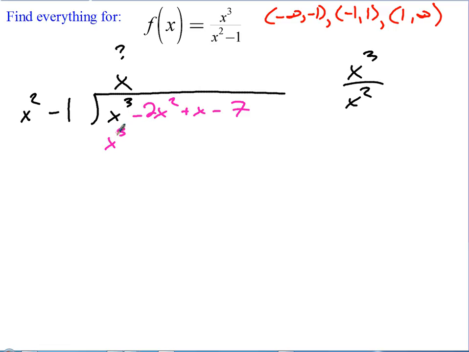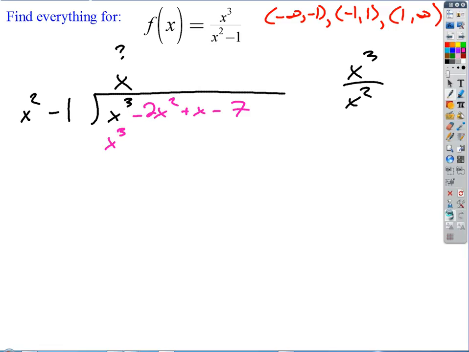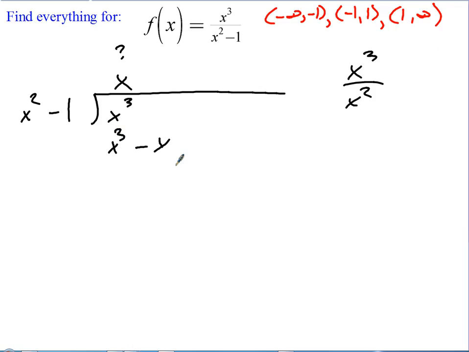So you have to always make sure you leave room for these, right? If you're missing one. In this case, it didn't really matter so much, but so we'd end up with then, if I distribute that x, I get x cubed minus x.